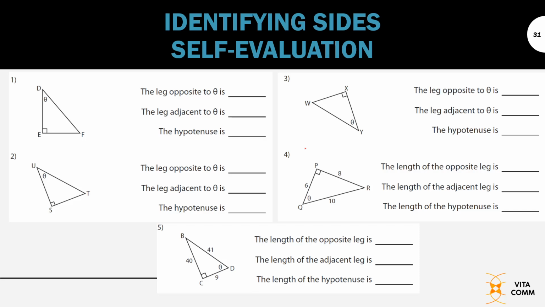Pause the video, answer the entire thing, and at the end, you're going to have your answers so that you can self-evaluate yourself. We've got 5 questions. Each question has 3 parts, right? So 3 times 5 is 15. So your mini test is out of 15. Give it a go.